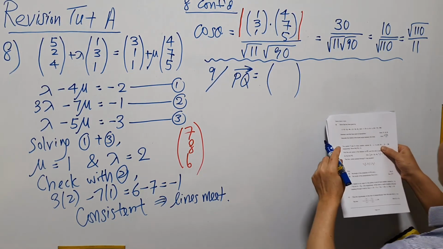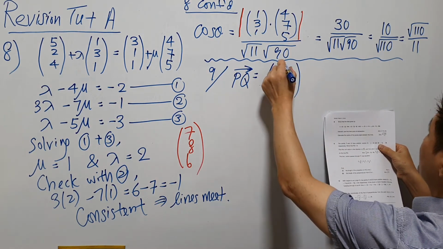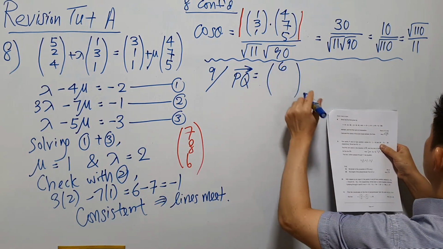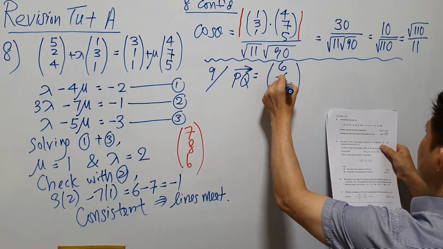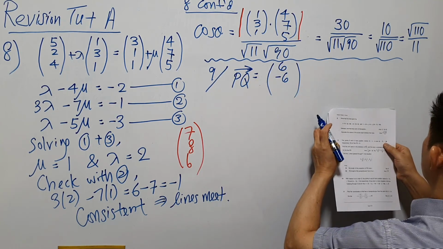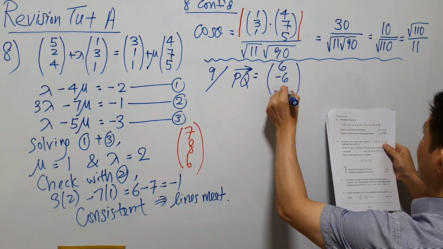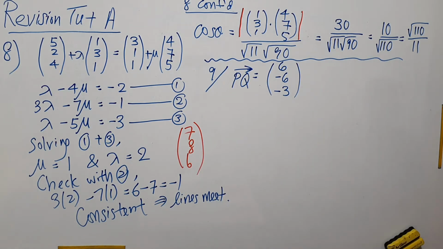And if I take OQ minus OP, it gives me the vector (6, minus 6, minus 3).